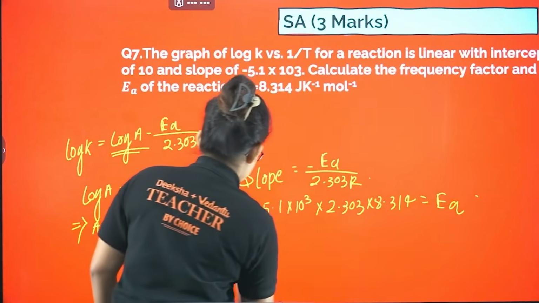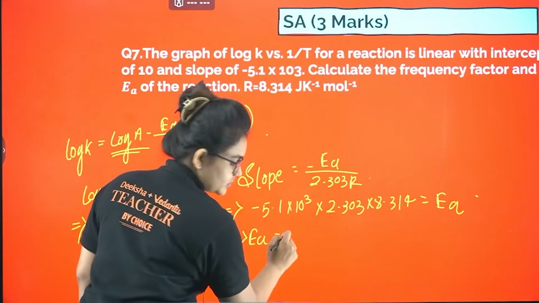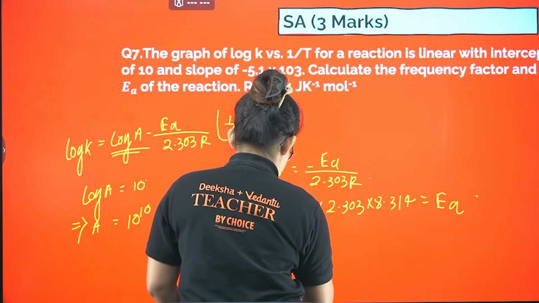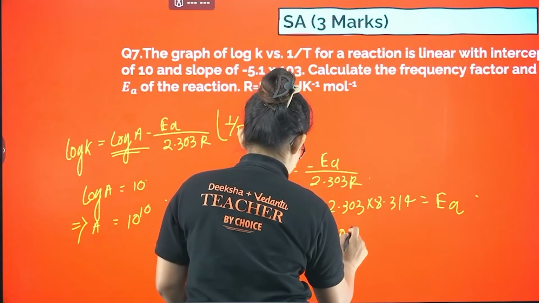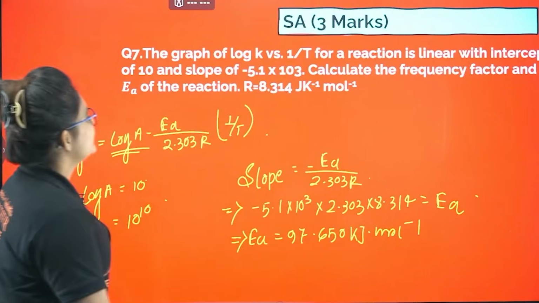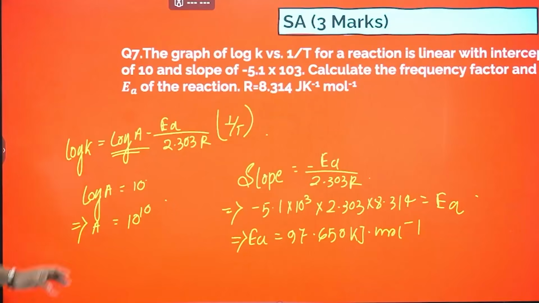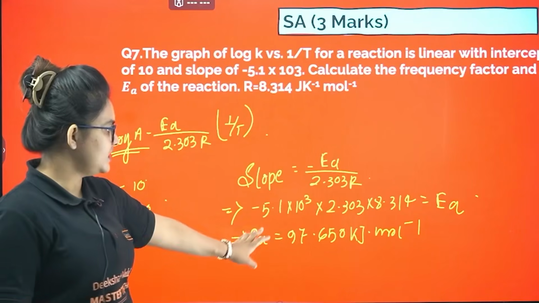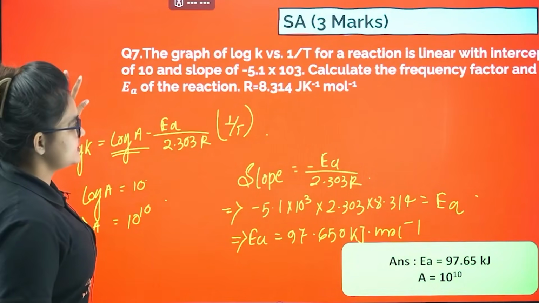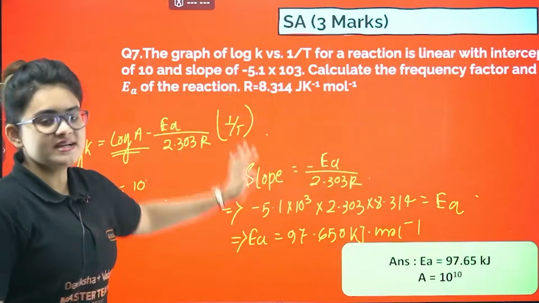So your activation energy is going to be 97.650 kilojoule per mole. Okay, I guess it's clear to you. This is your frequency factor, this is your activation energy. Let's proceed.